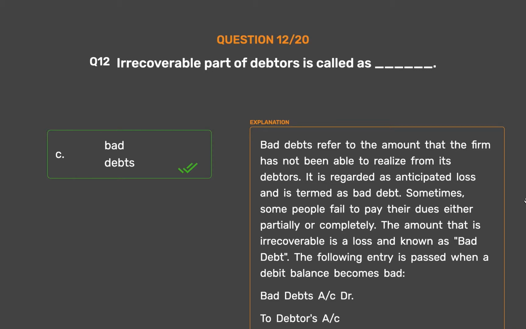The following entry is passed when a debit balance becomes bad: Bad debts A/C debit, to Debtors A/C. As an effect of this entry, the debtor's account is closed and a new account called bad debts account is opened, which is transferred at the end of the year to the profit and loss account, debit side.